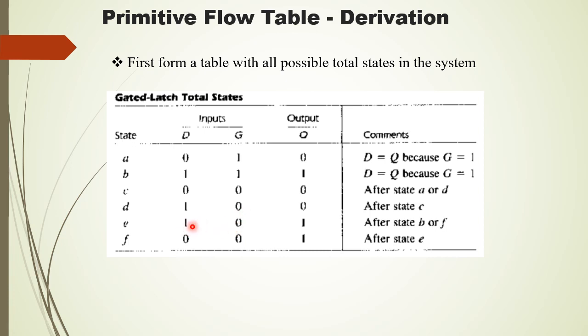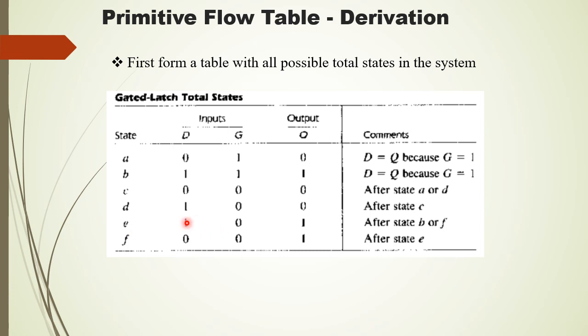From the design specification, we know that whatever the input D is, that is maintained at the output. Because this D input is maintained at the output, we have a different output. We name this 1 0 with output 1 as a new state E.